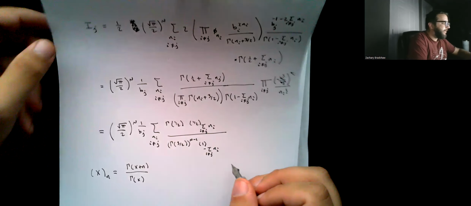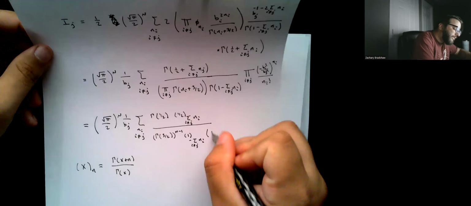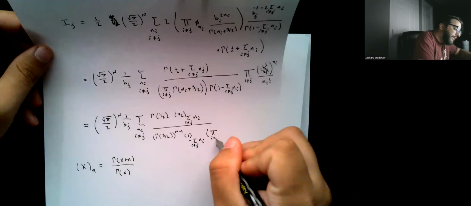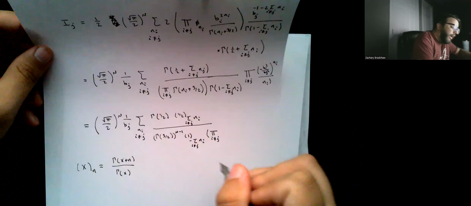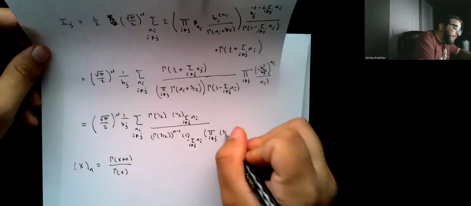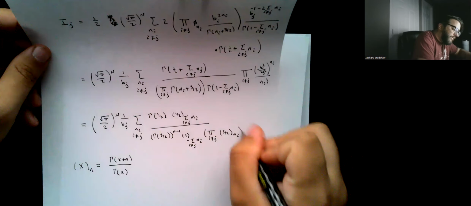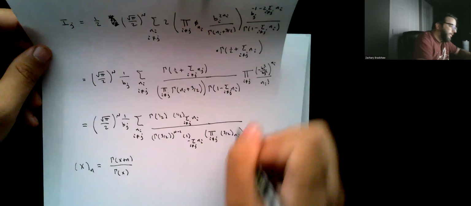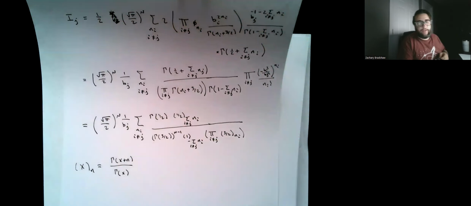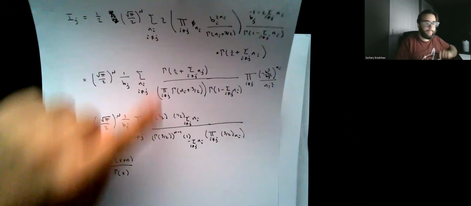And we also get a product over i not equal to j of several other Pochhammer symbols. If you've never seen the Pochhammer symbol and you want to familiarize yourself with it, a good exercise would be getting from here to here.